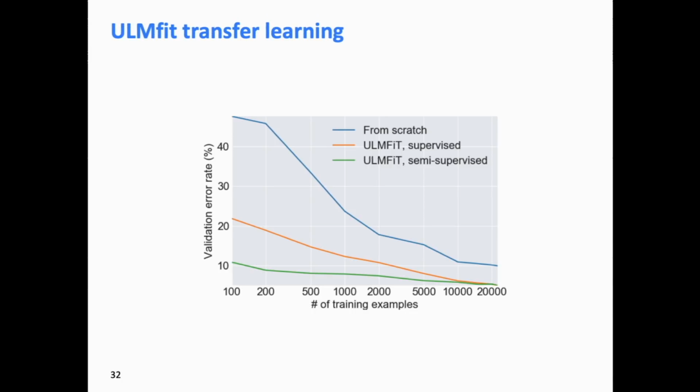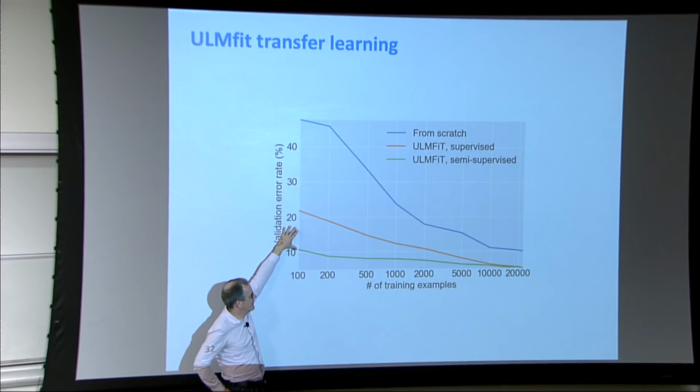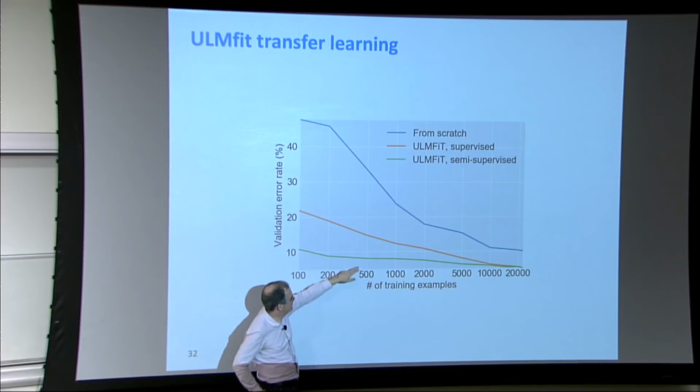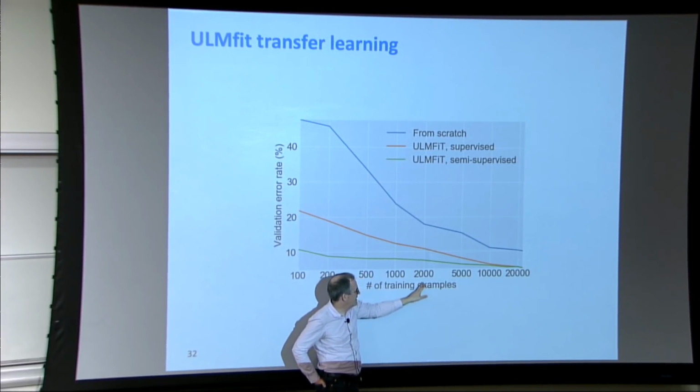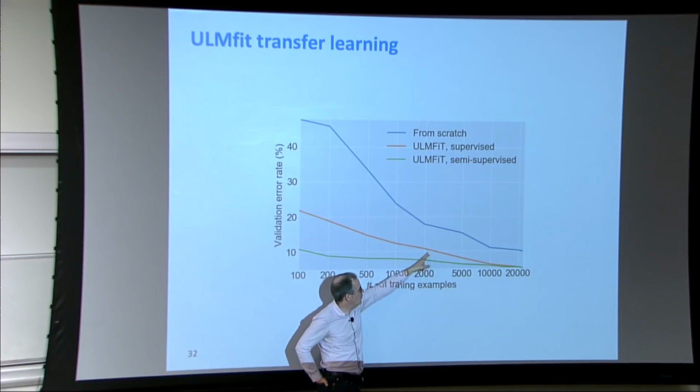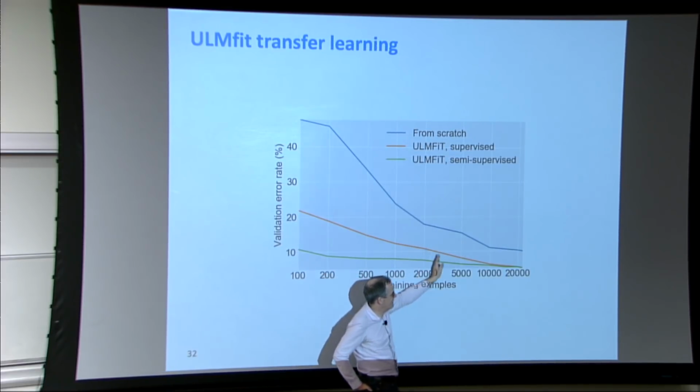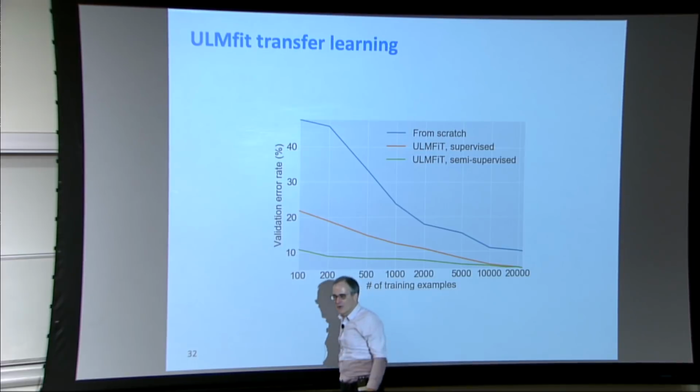So you need a lot of data to start to do pretty well. But if you're making use of this transfer learning from a pre-trained language model, you're doing pretty well with way fewer training examples. Essentially, an order of magnitude fewer training examples will give you the same amount of performance.